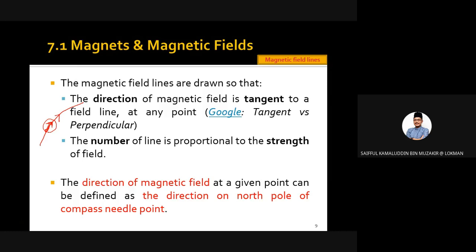This is tangent. It follows the curve, it follows the direction of the magnetic field line. This is tangent.